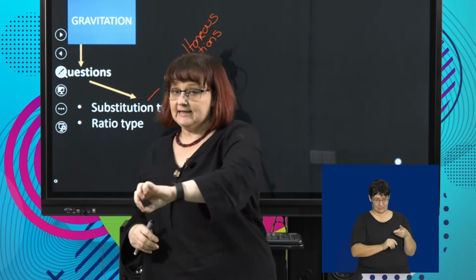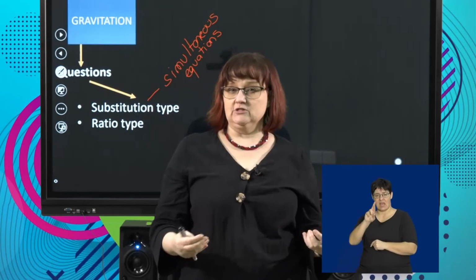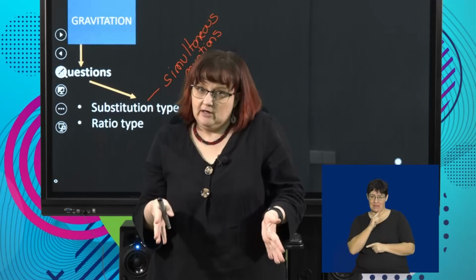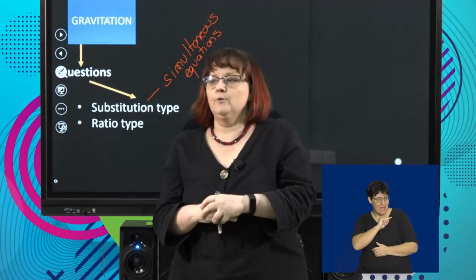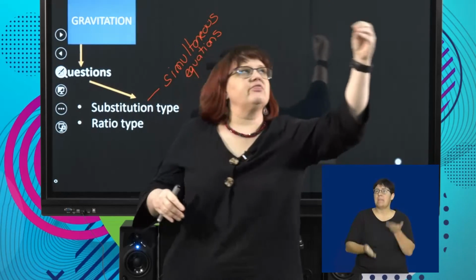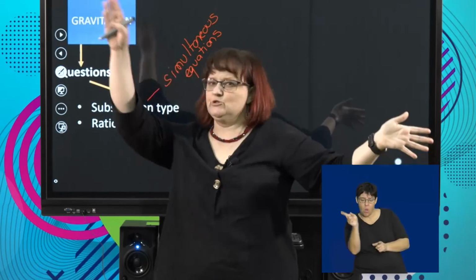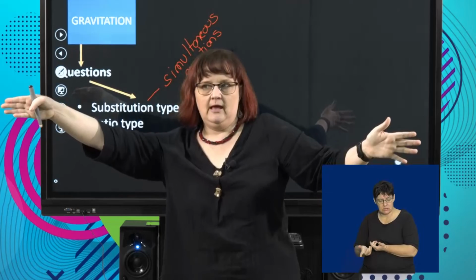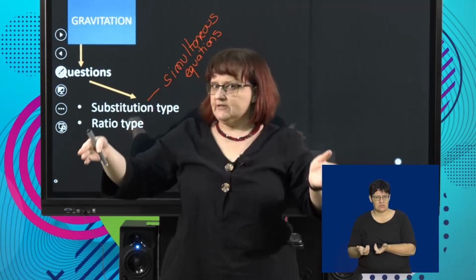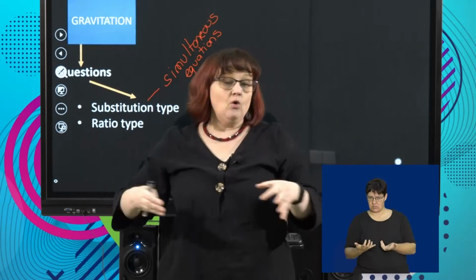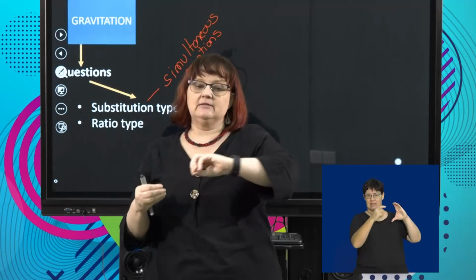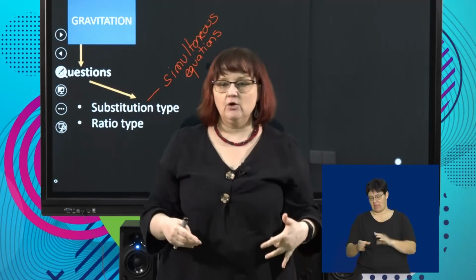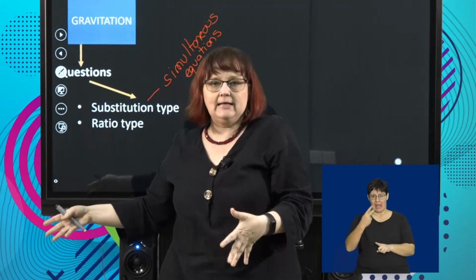The last type we get are the ratio questions, and these are the ones we tend to struggle a little bit more with, because these are the questions where they go, if I double this, what happens to that? And now they don't want us to do a calculation, or they don't even give us values. So they'll tell you that you have a planet that is 3 times the mass of Earth and twice its radius.